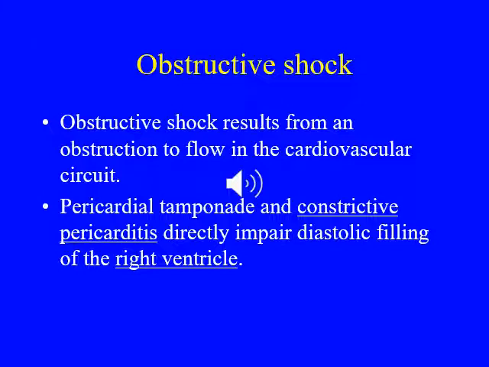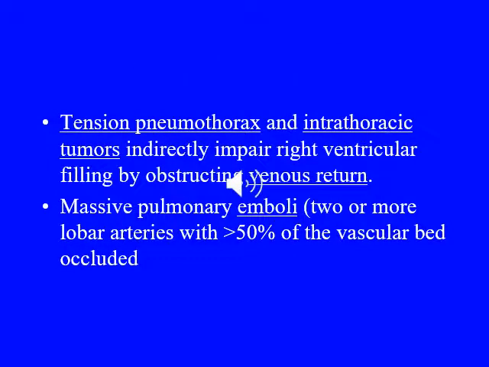This can be caused by, number one, cardiac tamponade and severe constrictive pericarditis, which will directly impair the diastolic filling of the right ventricle. Also, tension pneumothorax or intrathoracic big tumors can indirectly impair the right ventricular filling by obstruction of the venous return to the heart.